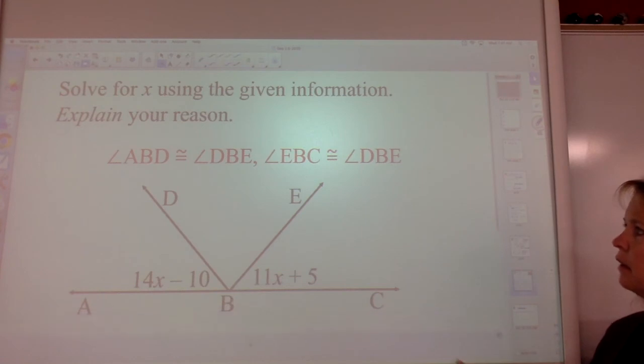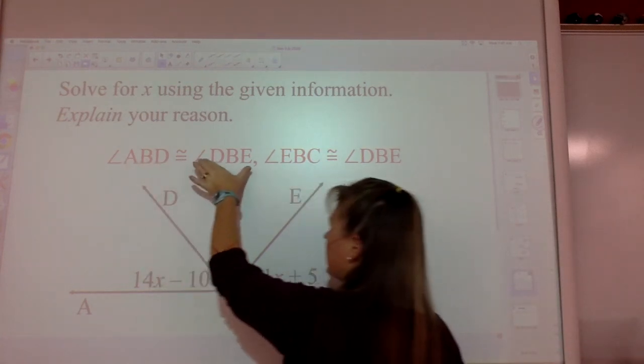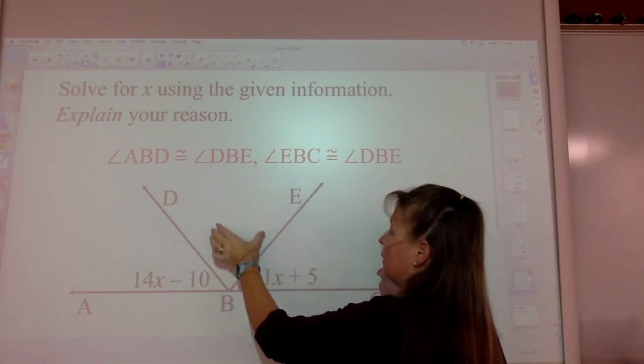This time they tell you angle ABD is congruent to angle DBE. Angle EBC is also congruent to angle DBE. Okay, not written in the same order. Doesn't necessarily mean it's wrong. Angle ABD is congruent to angle DBE.